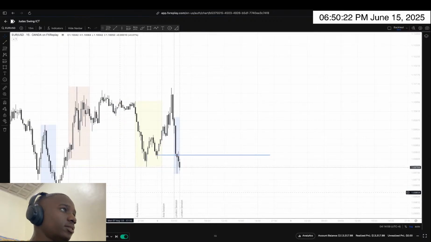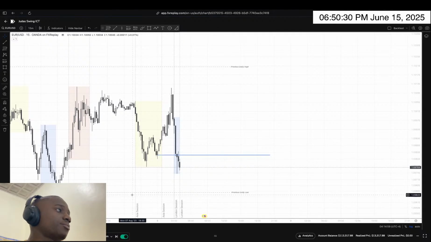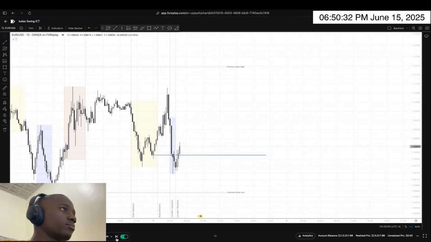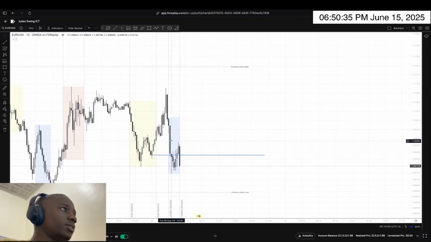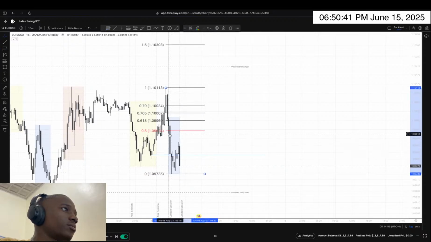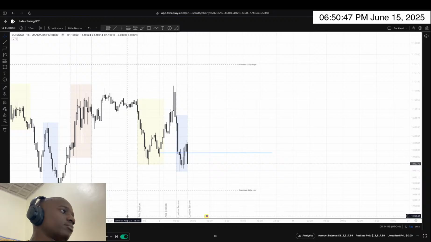On the 15-minute, it's a really crazy drop. We took out Asia high, then we shifted structure here, shifted structure here, and then we get a retracement into this fair value gap. So from this high into here, maybe we would at least push inside until there for that to be a valid entry.